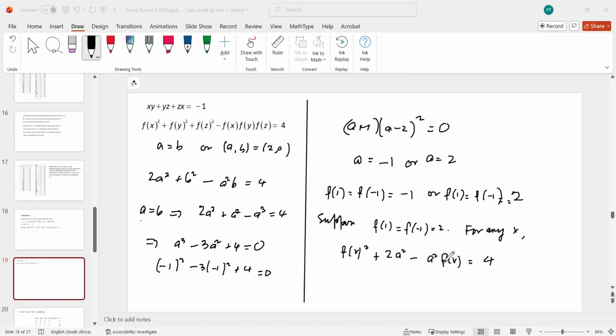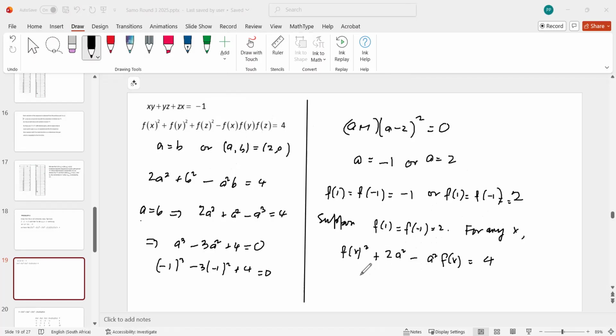In particular, if x equals 1, then you have, I wrote this thing out, so I can't remember what I had here. I had ab here, so minus a squared f of x. Now, that's quite right. Okay, so you have something like this. And now we had a is equal to 2.